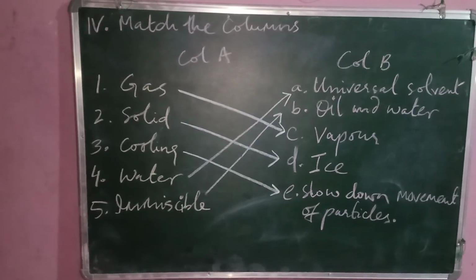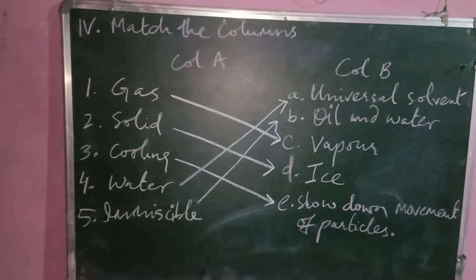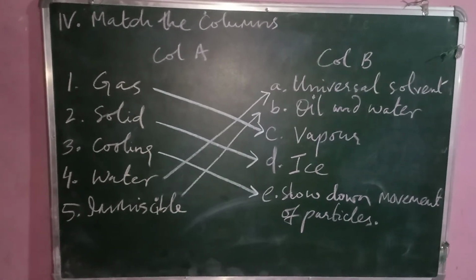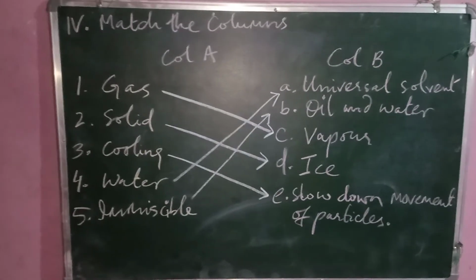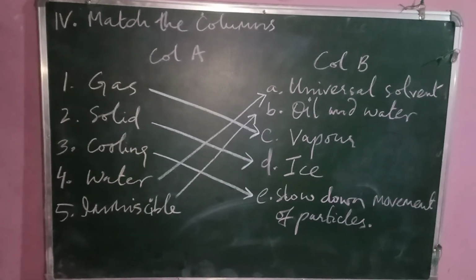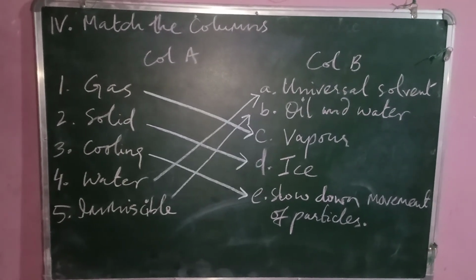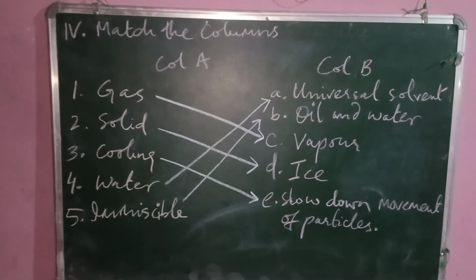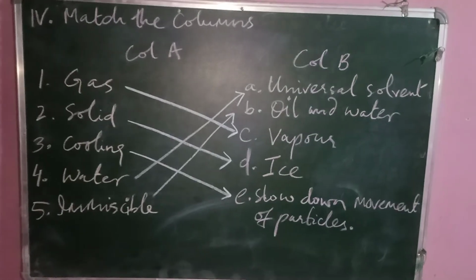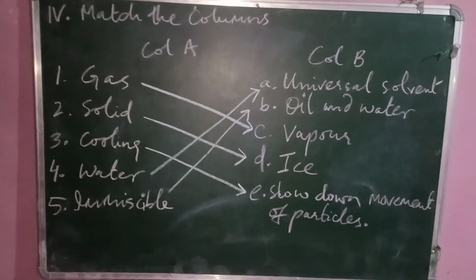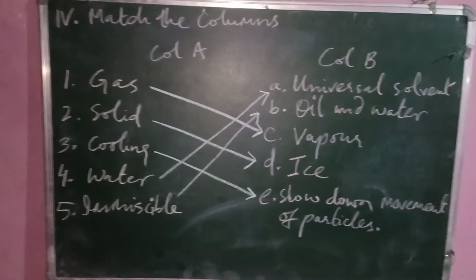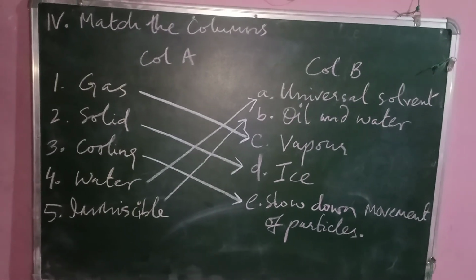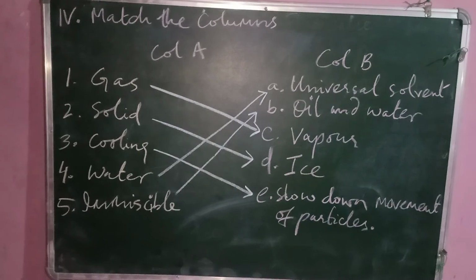Question 2 is solid, which is a form of ice. Then cooling matches with option E, slow down movement of particles. And then water is similar to the universal solvent. And question 5, immiscible, matches with option B, oil and water.